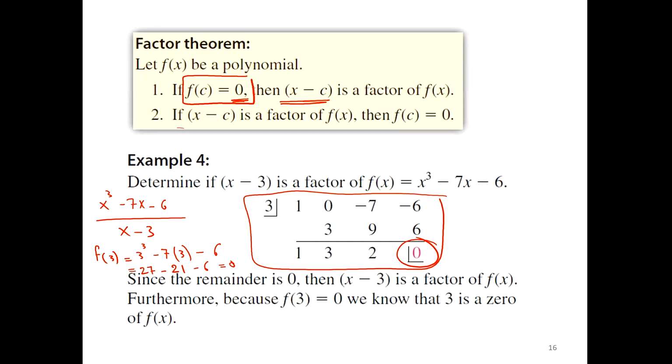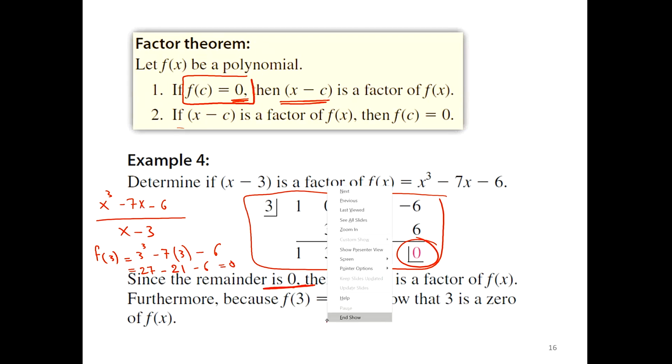If f of 3 is 0, this is a factor directly. So since the remainder equals 0, we can conclude x minus 3 is a factor. Any question?